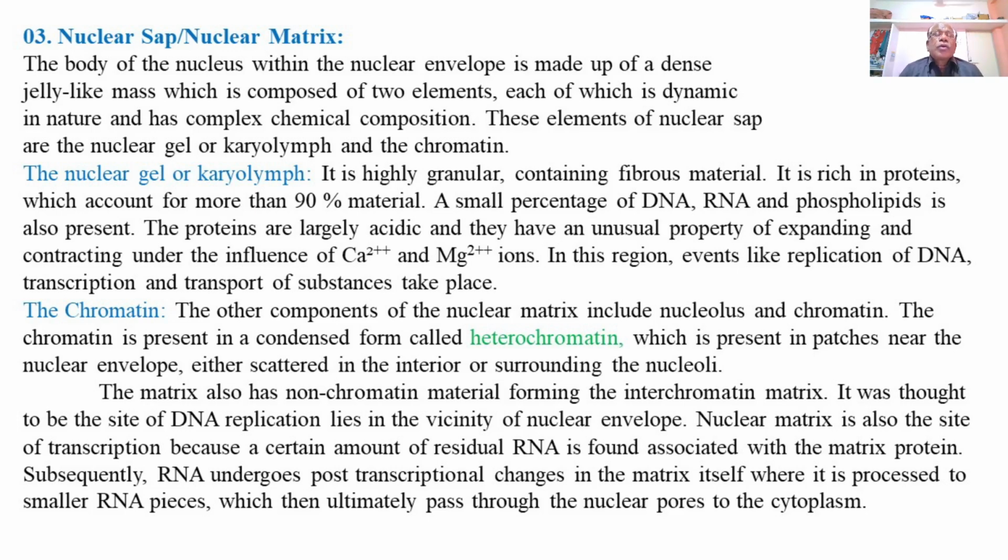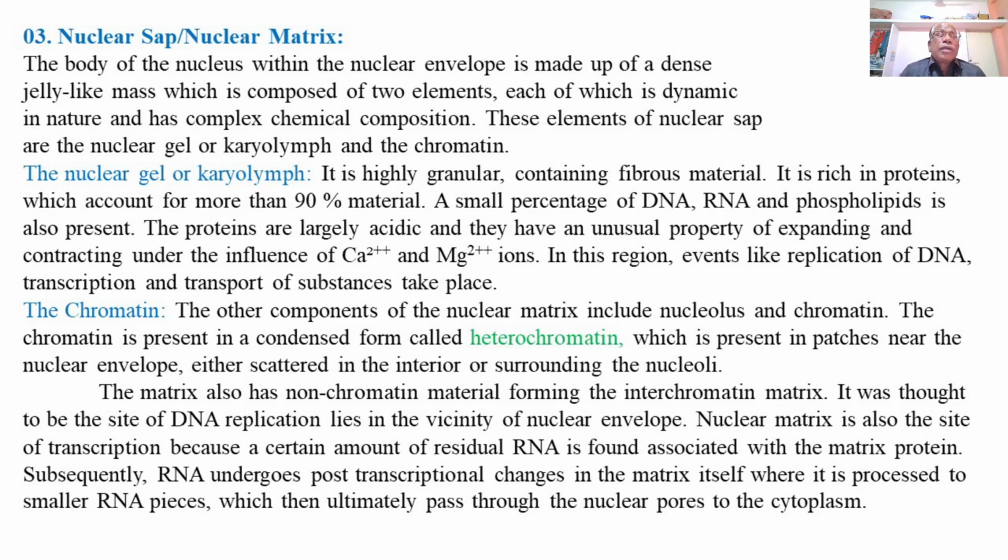take place. So the nuclear gel, or karyolymph, is a highly granular substance containing fibrous material, and it is rich in proteins. About 90% of the proteins are present in the nuclear gel, and a small percentage of nucleic acids such as DNA, RNA and phospholipids are also present.